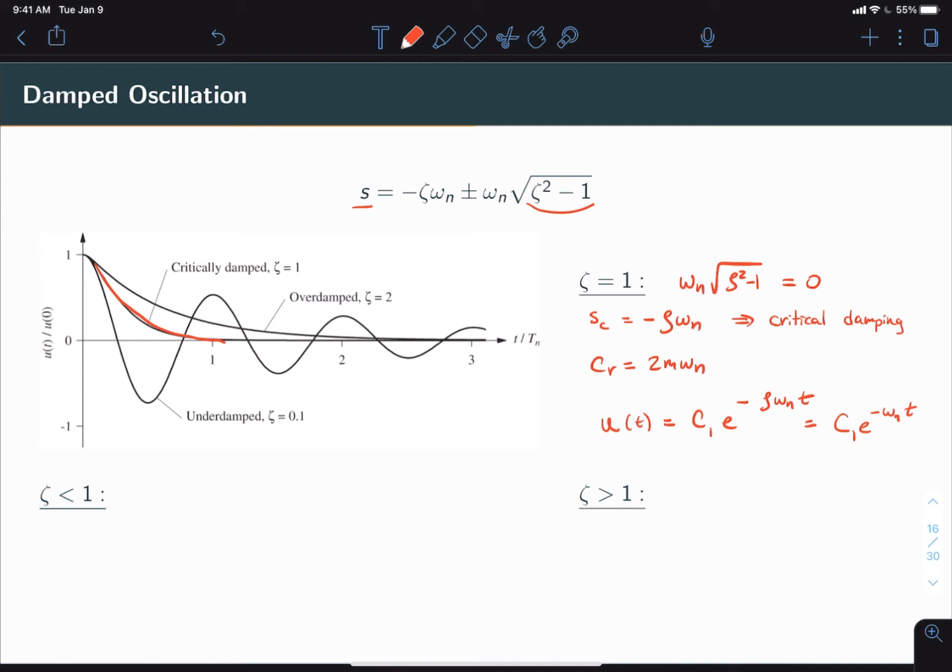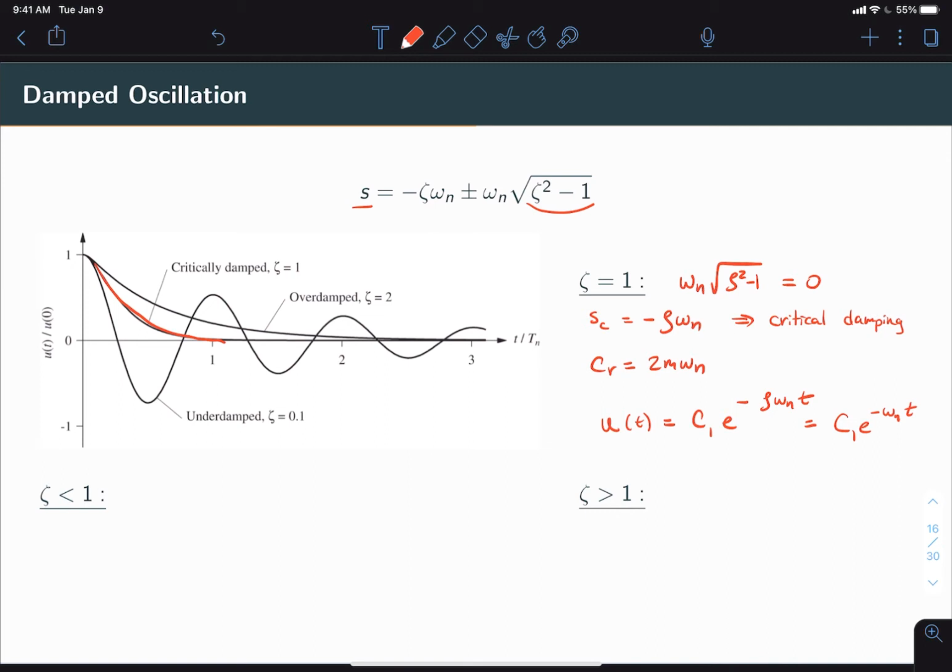So that's what it means to be critically damped. A system that may be designed to be critically damped, for example, may be a door, right, where you want it to swing back to the closing position about as fast as possible without much oscillation.